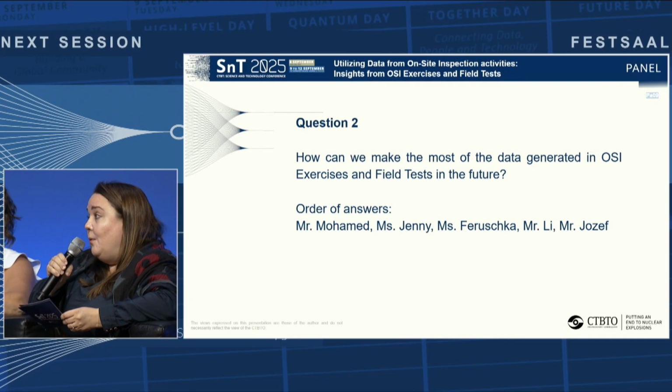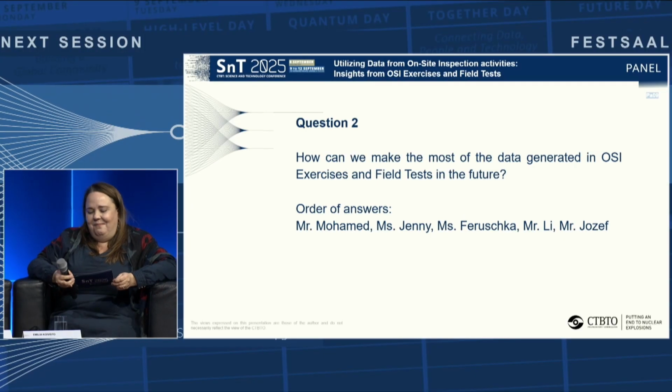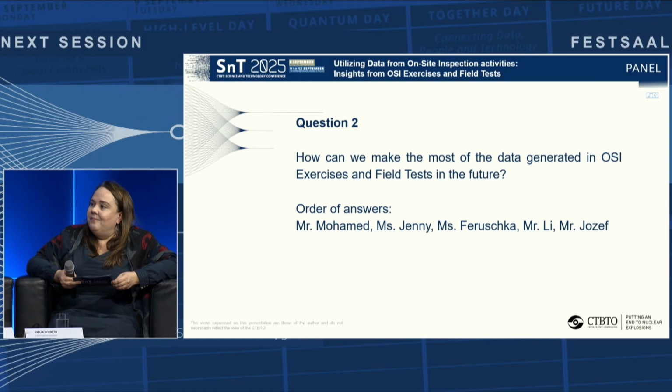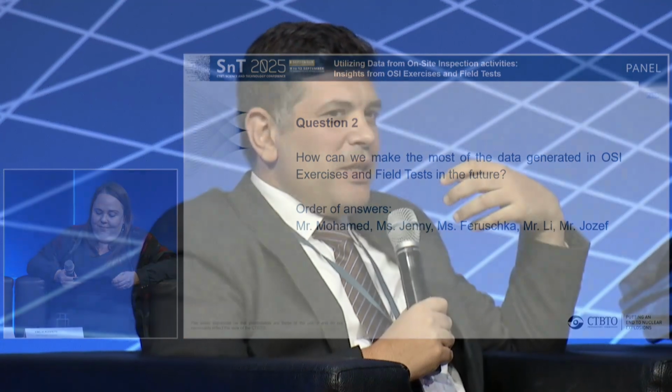And this time, we are starting with Mohammed. So again, we are talking about data which we already collected in field tests and exercises, and prospectively new data we will be collecting.